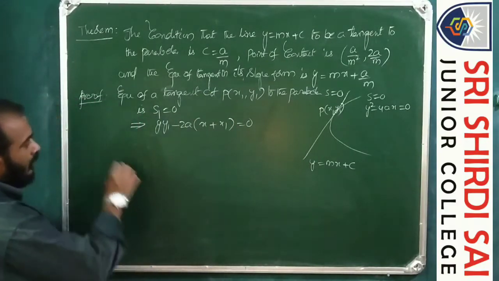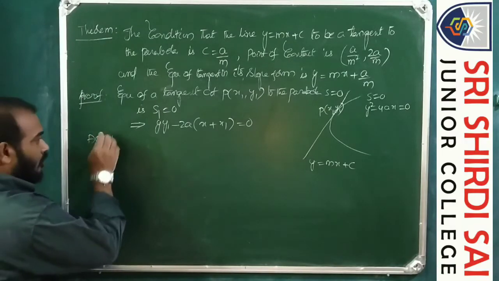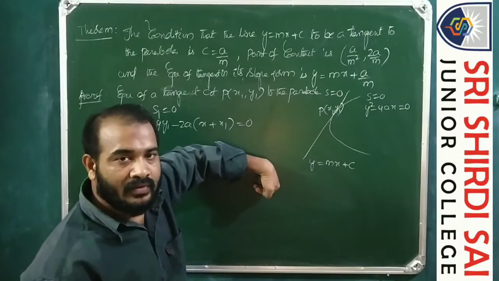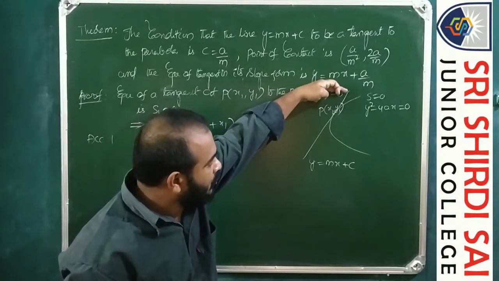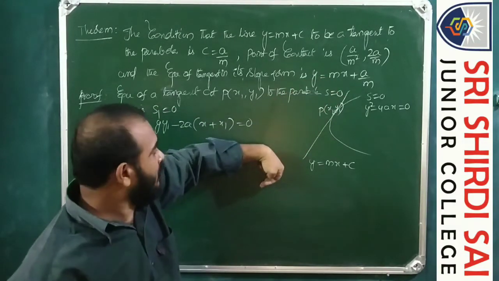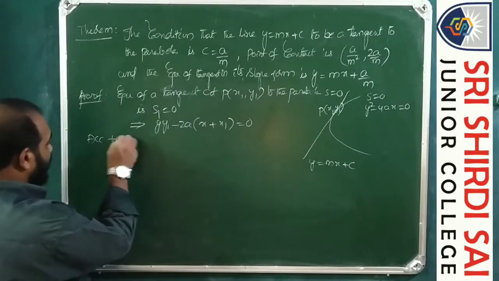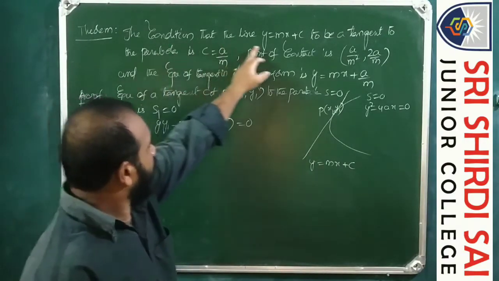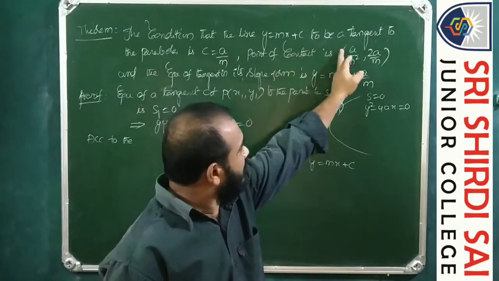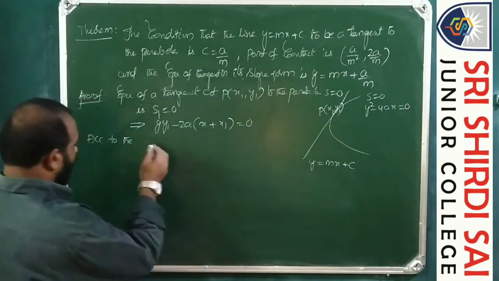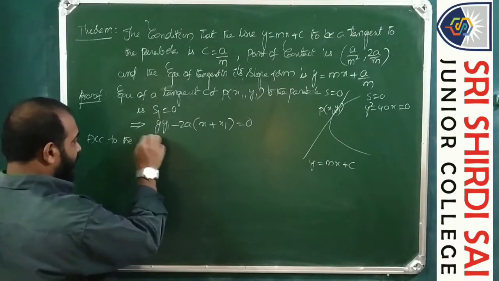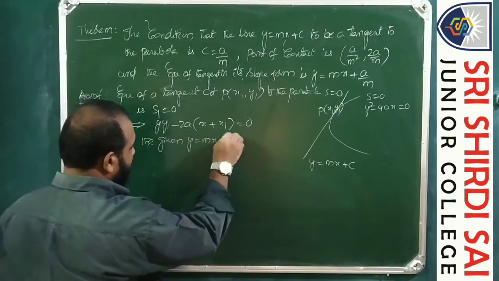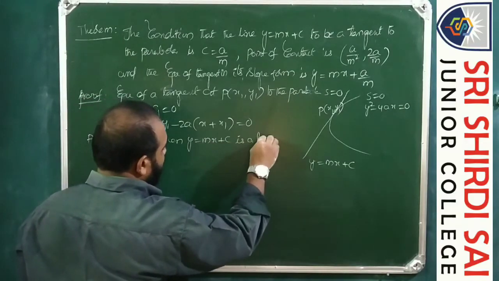Now, according to the question, y equals mx plus c itself is a tangent. According to the given, y equals mx plus c is a tangent.